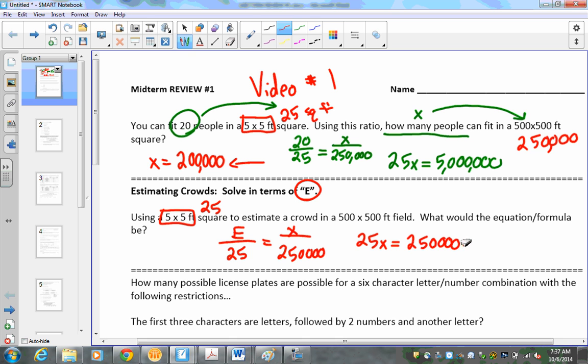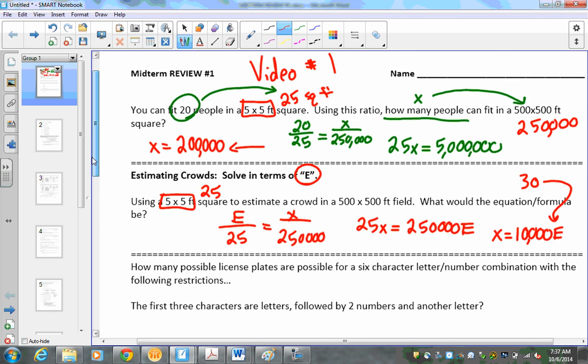After we cross multiply and solve, we get x is equal to 10,000 E. And what that means is E stands for how many people you can fit in a square. So for example, if you could fit 30 people in a square, then you take 30 and plug it in for E to get your exact answer. Or maybe you could fit only 20 people. Exact answer. All right, moving on.